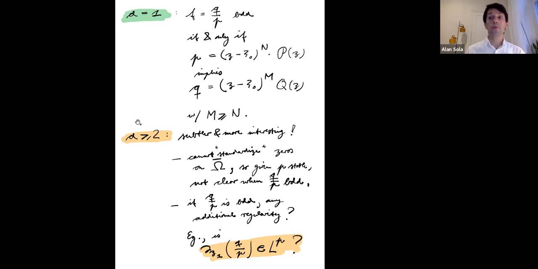There are many different ways you could measure this, but one way would be to say, okay, so q divided by p is a bounded function, and we could compute its derivative with respect to z1, say, and ask if this is regular in some sense. And one way of making this precise is to ask whether there is some range of exponents such that the derivative is in L^t.